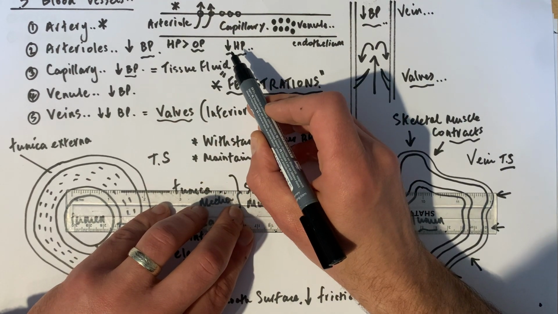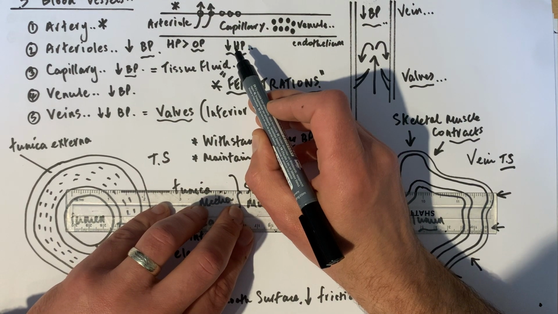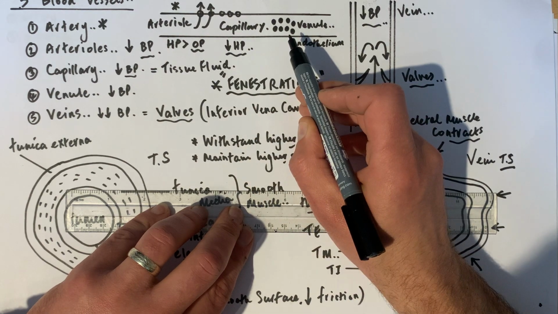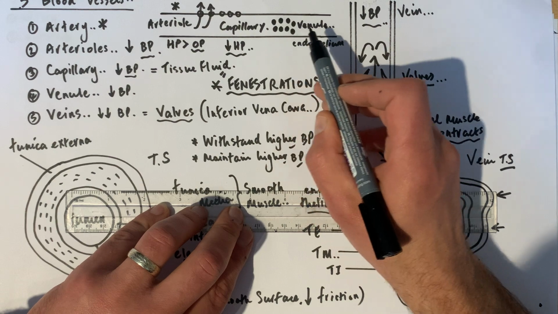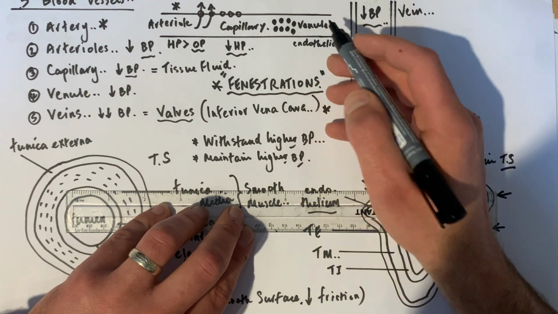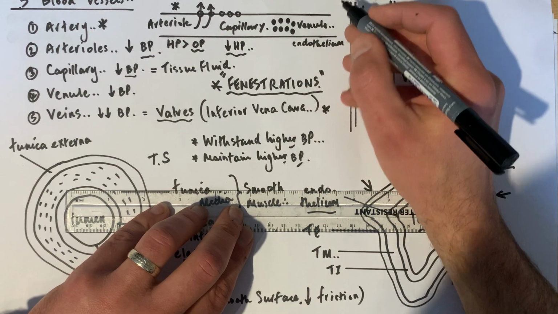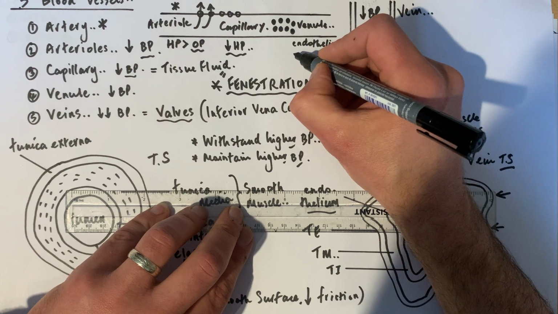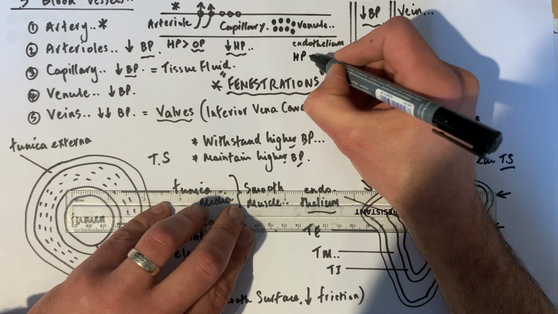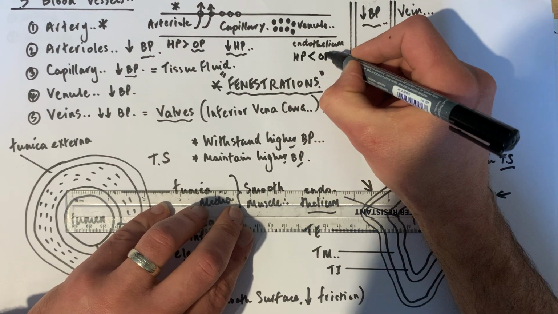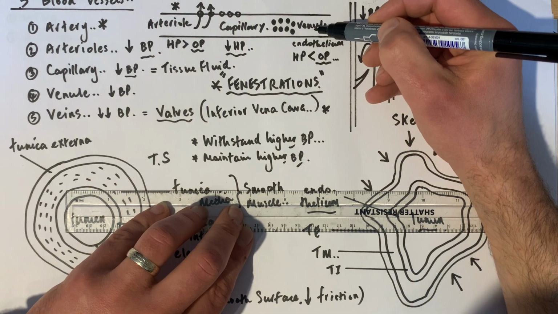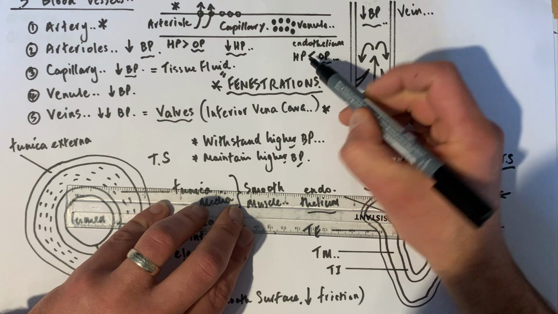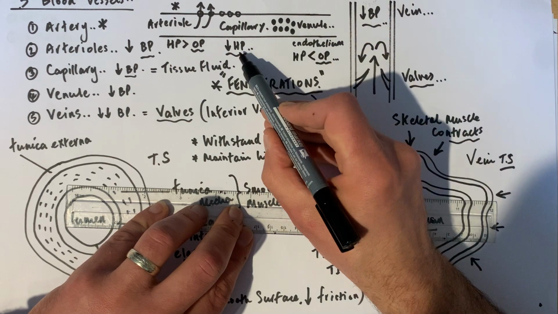Because there's a loss of fluid as tissue fluid, the hydrostatic pressure drops at the venule end. The plasma proteins remain in the blood plasma, therefore there's a more negative water potential. So at the venule end here, we could say this time that the osmotic pressure, which is a pulling force wanting to draw water into the blood plasma, has a bigger effect than the hydrostatic pressure, which has dropped.